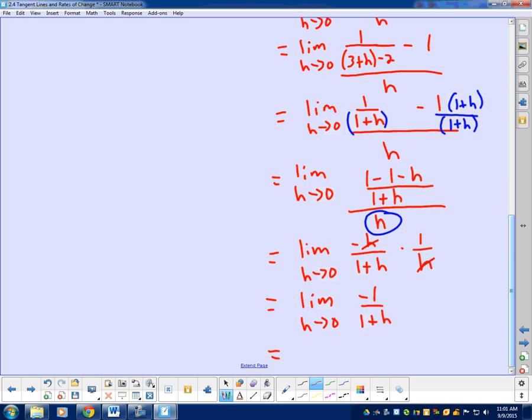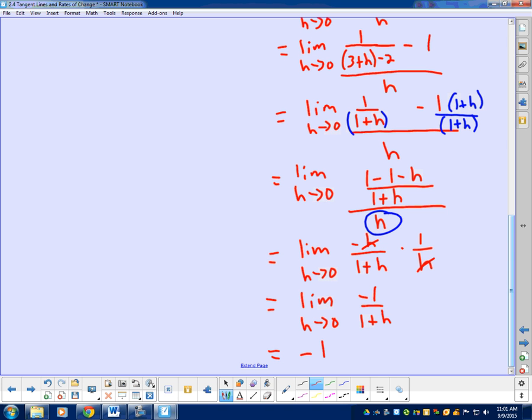Can I evaluate that limit by substitution? Yeah. Plug in 0 here, what do you get? 1. Yeah, 1 plus 0 is 1, and then -1 over 1 is -1. So this becomes -1. So all that to find the slope.